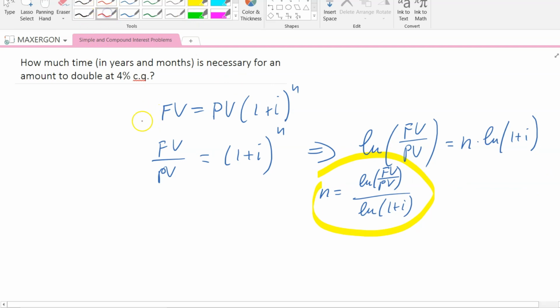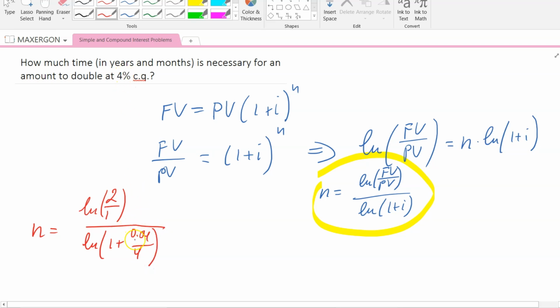Now if we proceed to the actual solution of the problem, we see that n equals logarithm. Future value is 2 present values, right? So each dollar becomes $2. In other words, 2 over 1. So future value becomes 2, present value is 1, if we take this for each dollar, and logarithm 1 plus i where the rate is compounded quarterly, which is 0.04 divided by 4.